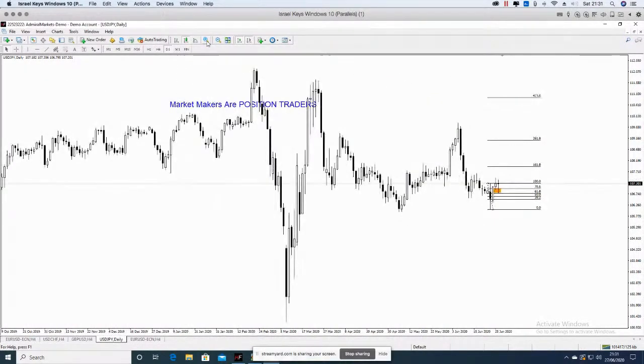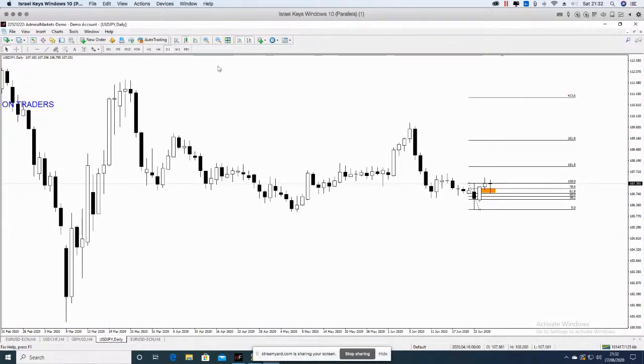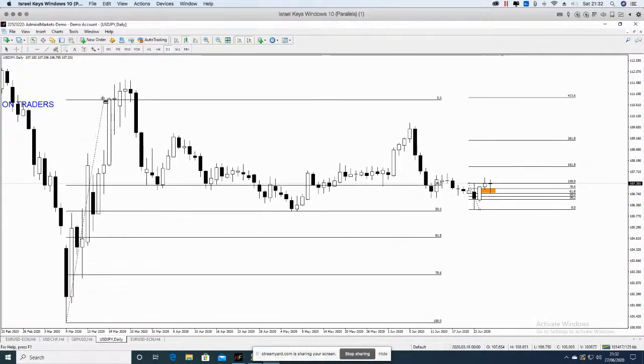Look at this on a daily chart. On a daily chart now, that is that zone on a daily chart. Can you see how if you were looking at a daily chart, it would be clear what was really going on. This is what's going on the daily chart. That's the controlling low in the screenshot.